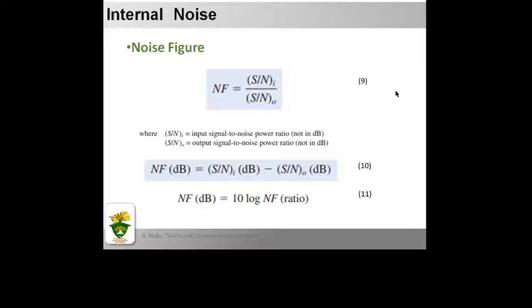The signal-to-noise ratio at the output will be lower than at the input. Noise figure is occasionally called noise factor. Sometimes the term noise ratio is used for the simple ratio. Noise figure, noise factor, noise ratio.